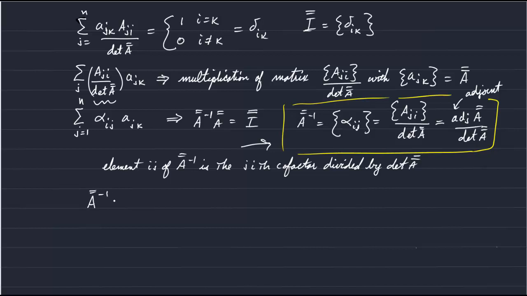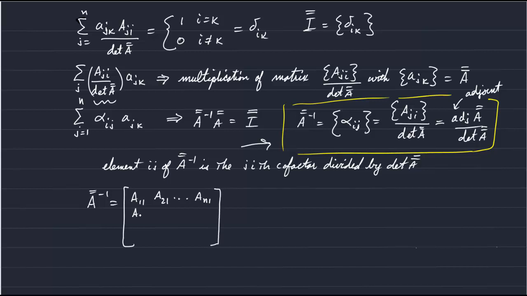So A minus 1, the inverse matrix, is equal to the adjoint. The 1 1 element is the cofactor 1 1. The 1 2 element is the cofactor of element 2 1. And the element in the first row nth column is A n1.